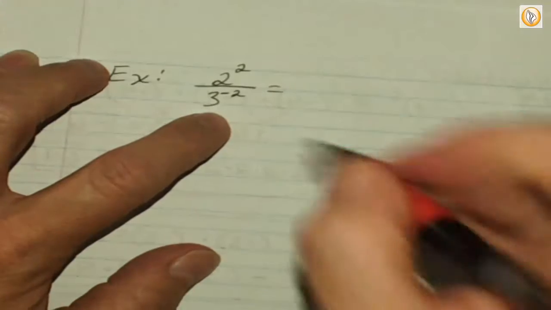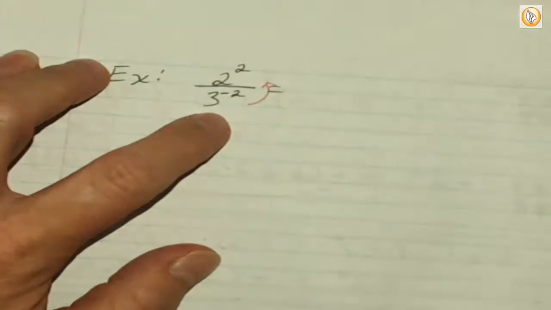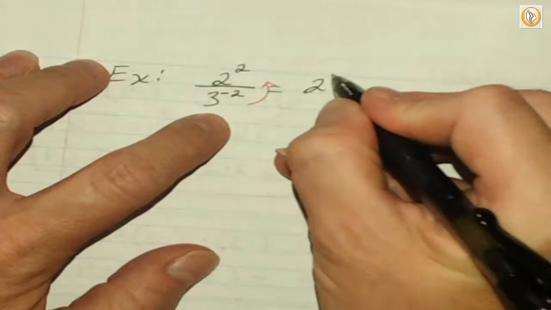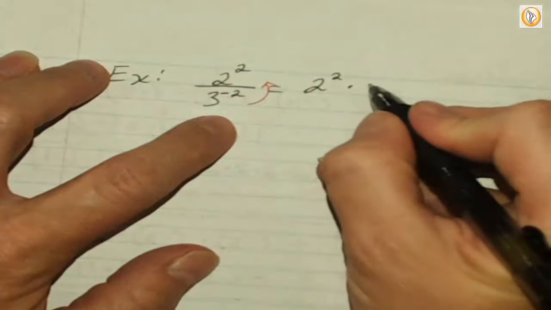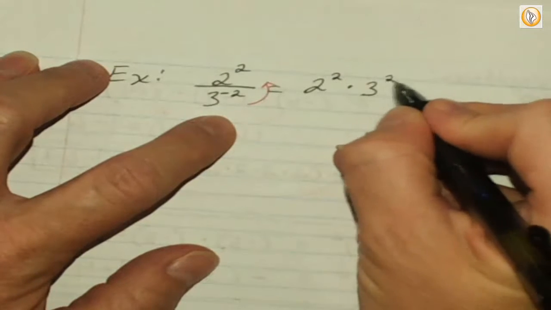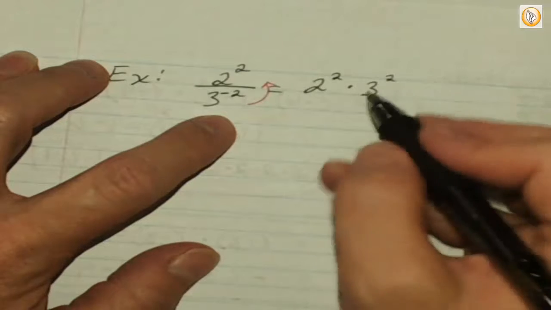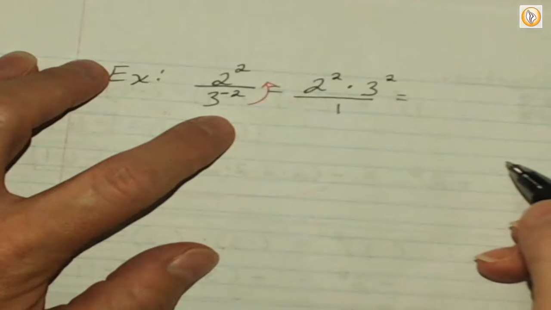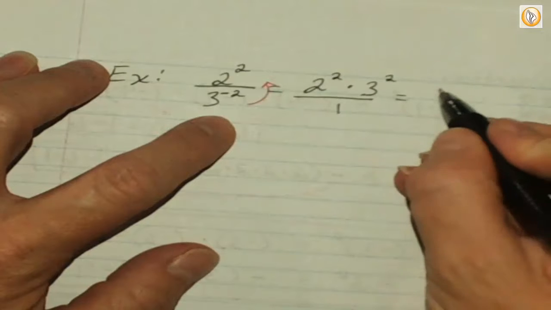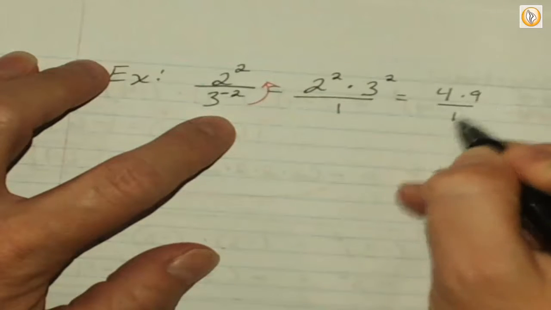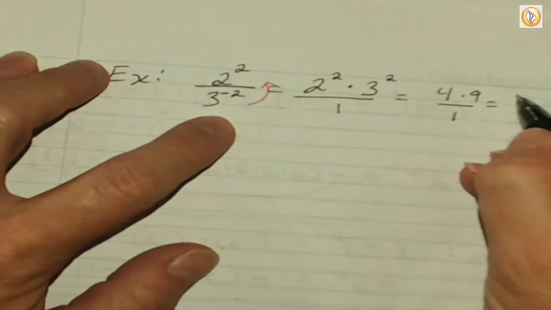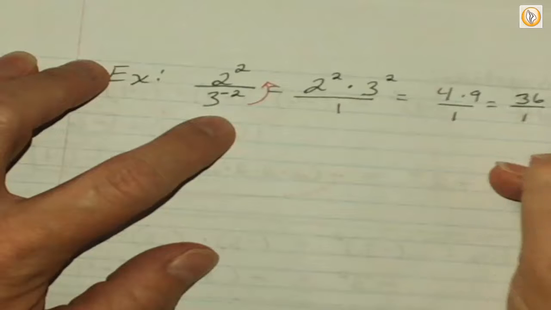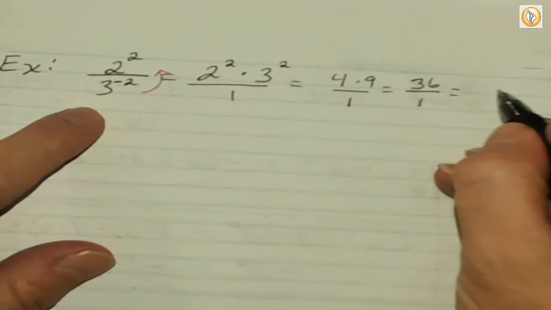We're going to move it to the top. So now what I have is 2 squared times 3 squared over 1. 4 times 9 equals 36 over 1, which is 36 goals.